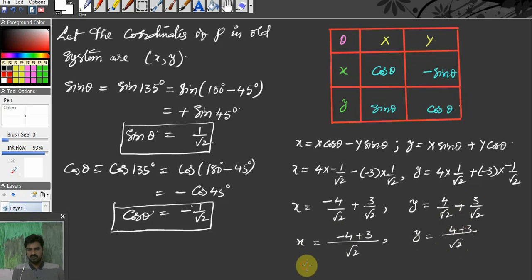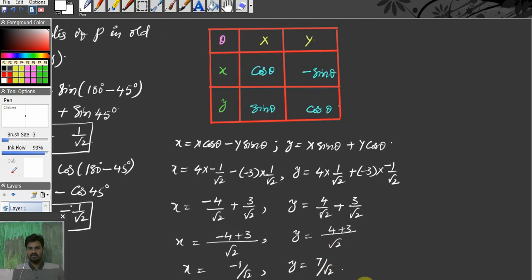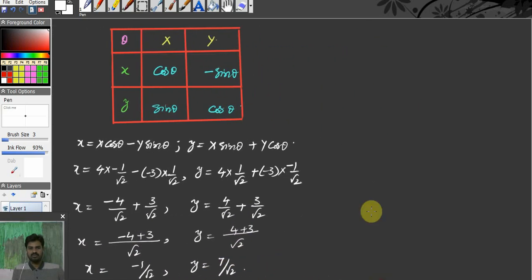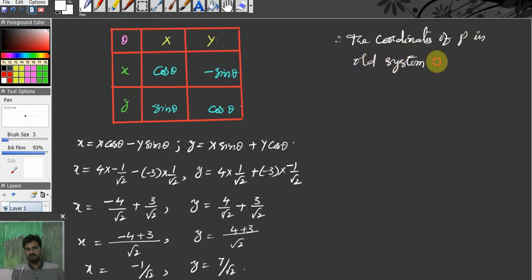So x is equal to minus 1 by root 2 and y is equal to 7 by root 2. They are the coordinates of the point in the new system, the world system. Therefore the coordinates of P in the world system are minus 1 by root 2, 7 by root 2.